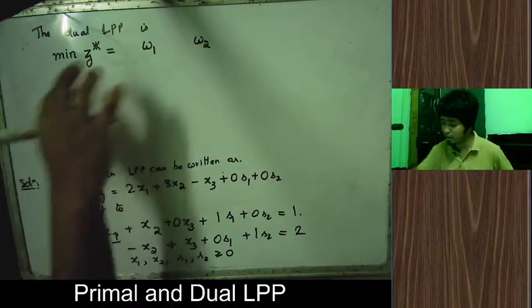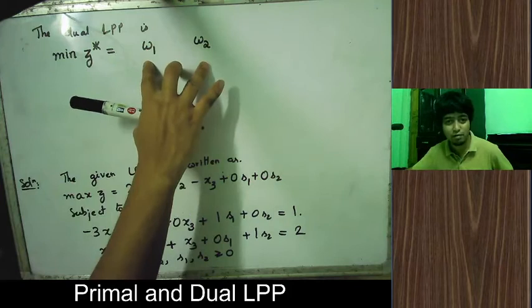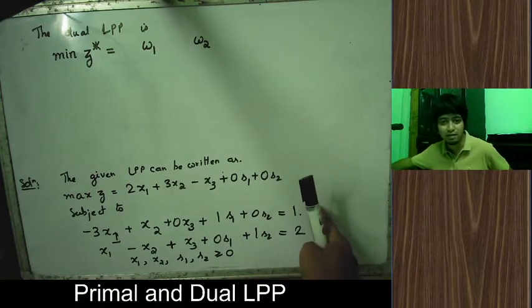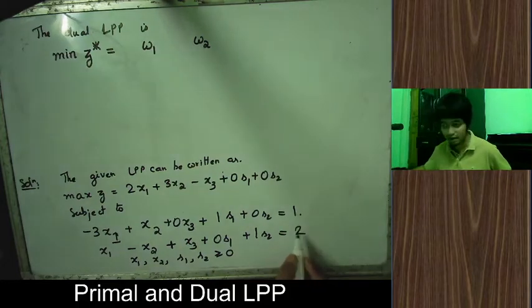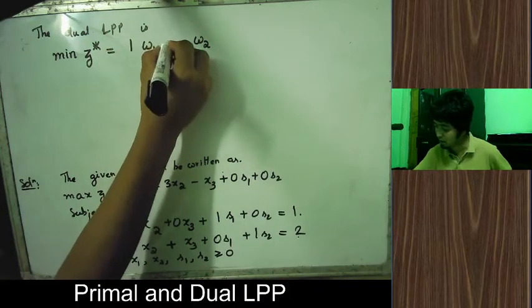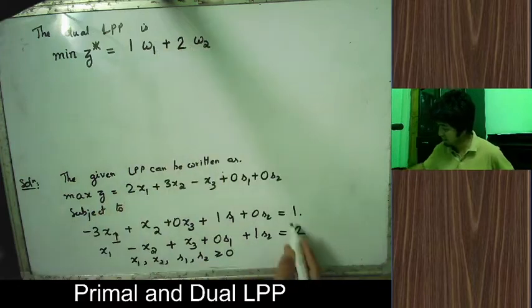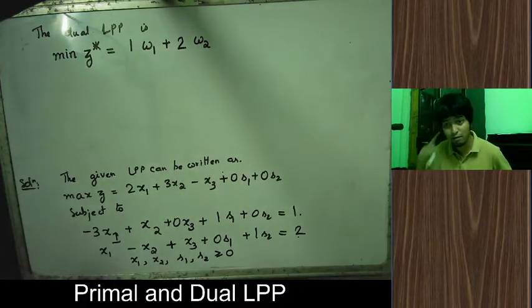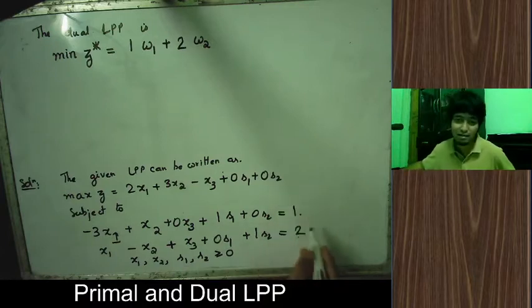Again I repeat, how do I know that there will be two variables over here? Because there are only two constraints here, and over here there's 1 and 2. So similarly over here will be 1 plus 2. If it is minus minus, similarly you can write minus 1 minus 2, depending upon the sign that you are given in the primal LPP.